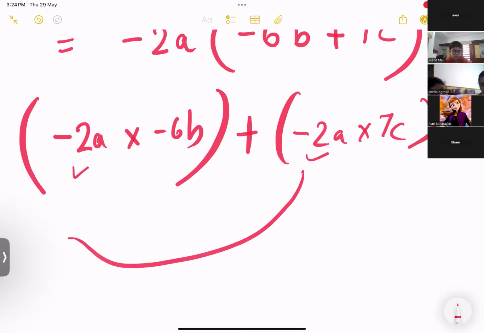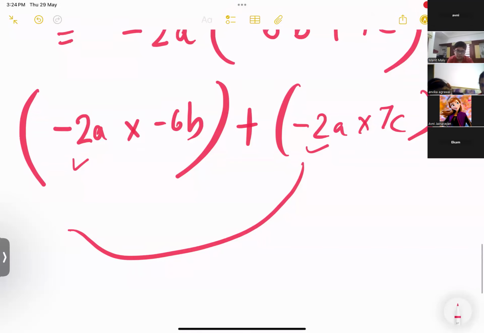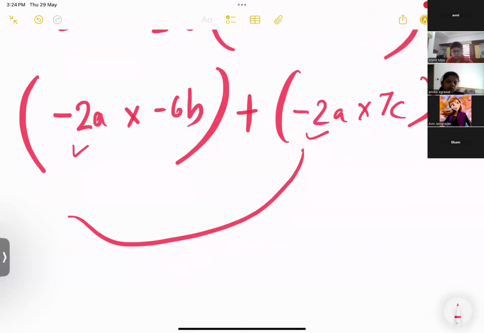But as per BODMAS, we have to solve the brackets first, isn't it? Solve the bracket. What is minus 2a into minus 6b? What is minus 2a times minus 6b? You have to multiply, kids.